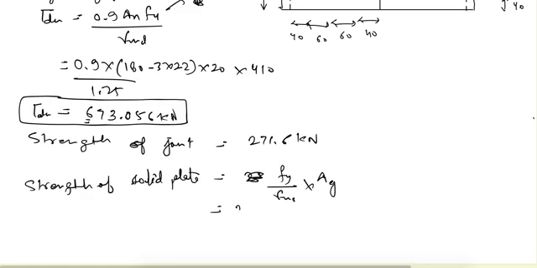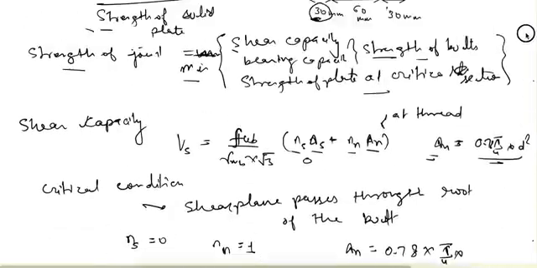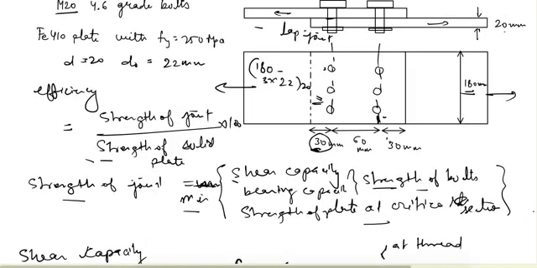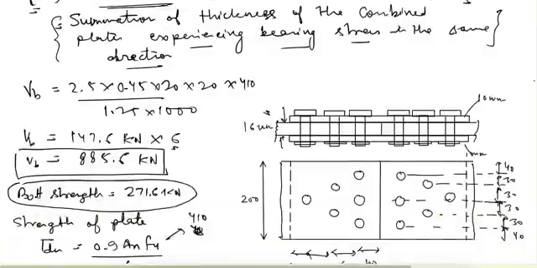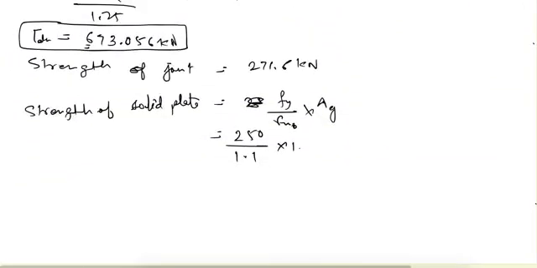Fy for this plate is given as 250 MPa, gamma m0, the partial safety factor at yield stress, is 1.1, and the gross area here would be 180 into 20 without doing any deduction. So from here the strength of plate is equal to 818.182 kilonewton if you divide it by 1000 also.